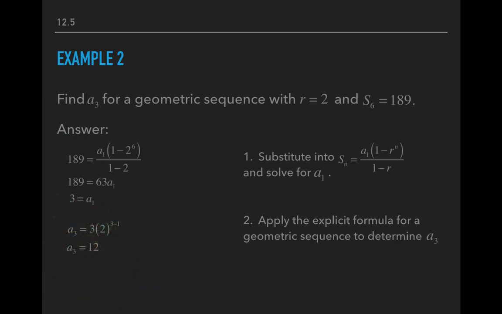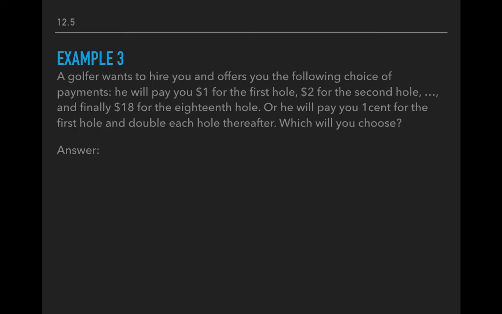There you have it. So kind of using some old formulas along with our new one. I really like this example. It's going to show us the power of geometric series and how they just grow so quickly.